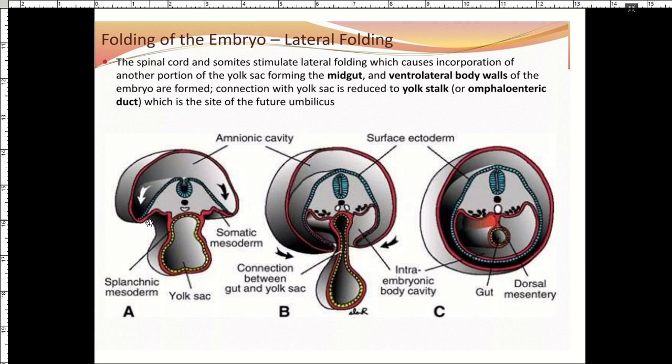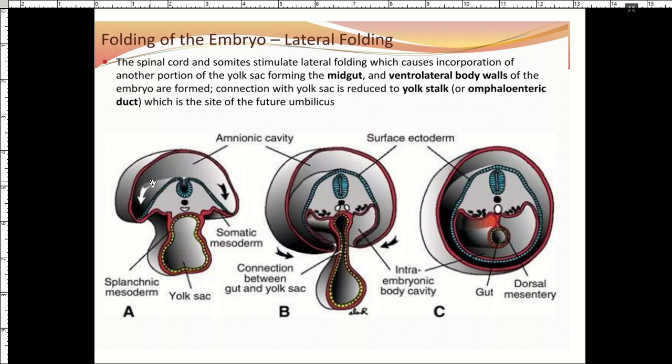After it is separated, this that lines the ectoderm is going to be your somatopleuric layer or your parietal layer, and this one covering your endoderm is going to be your splanchnopleuric mesoderm or your visceral mesoderm, right? The splanchnopleuric mesoderm starts to constrict while the somatopleuric mesoderm starts to expand laterally going to the midline.